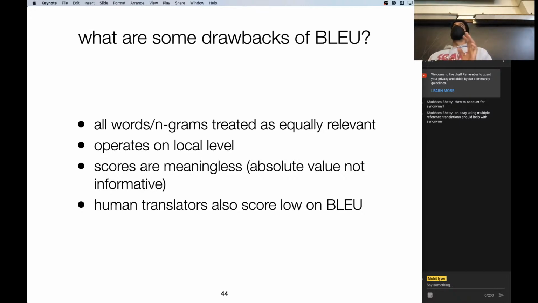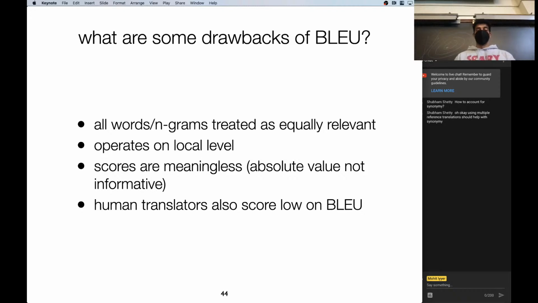Finally, human translations score low on BLEU. This is an interesting point, because if you have a real human translating a sentence, you would hope that your automatic metric scores the human translations higher than a machine translation. In general, this is true, but the magnitude of that difference is not what you think. No one is getting a BLEU score of 100. No human translator is getting the max BLEU score.